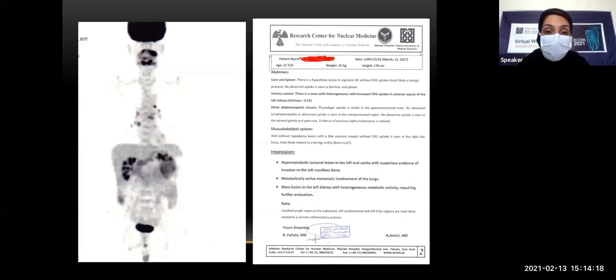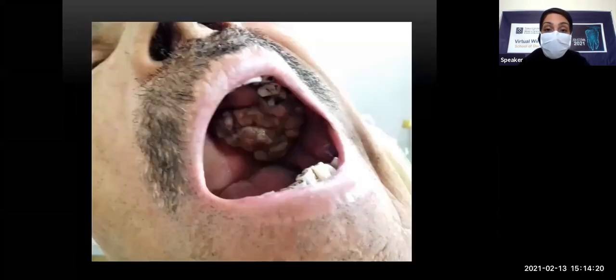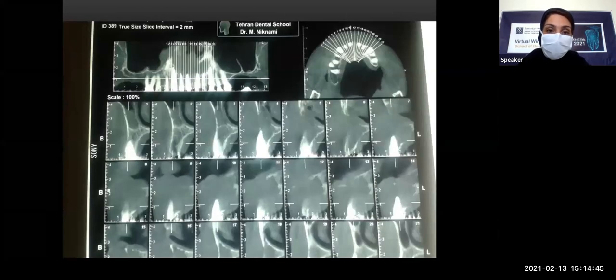It's very interesting for us that the huge lesion in the oral cavity was gone without any surgical intervention by chemotherapy, and it's very important for us to select the best treatment plan for the patient.